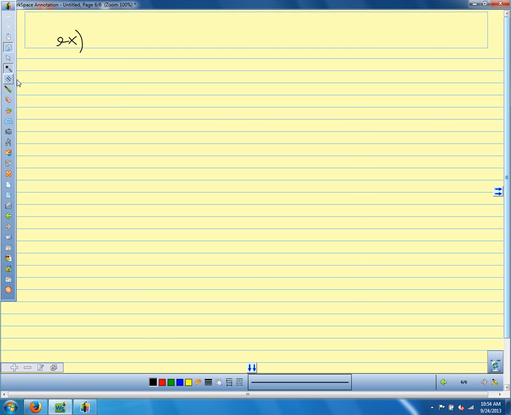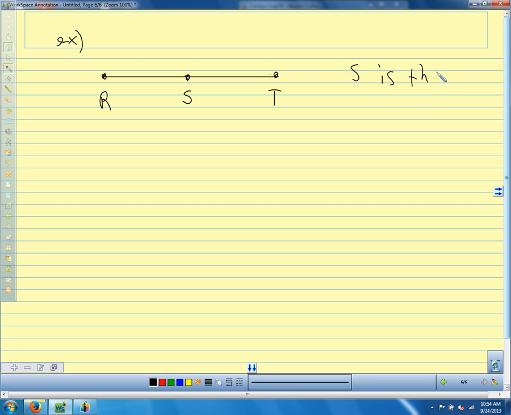So your problem might look something like this. We'll call this R, S, and T. S is the midpoint of segment RT.